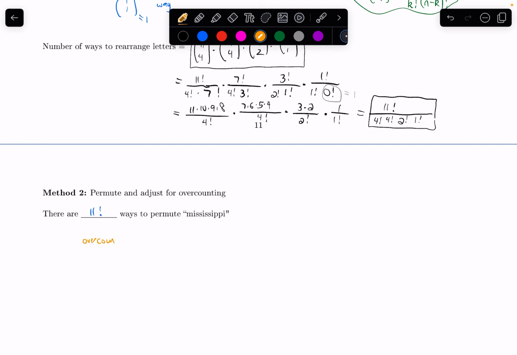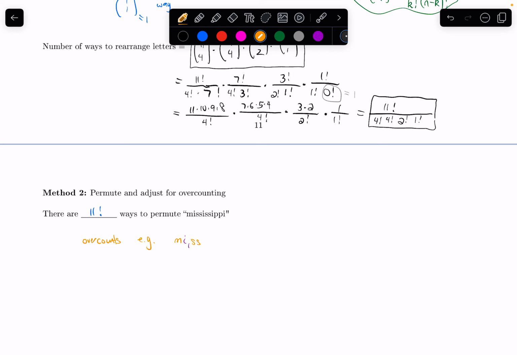But this overcounts a little bit. This overcounts because, for example, it would consider something like M, and then let's focus on the I's.